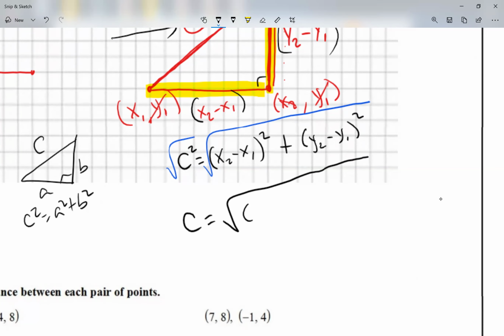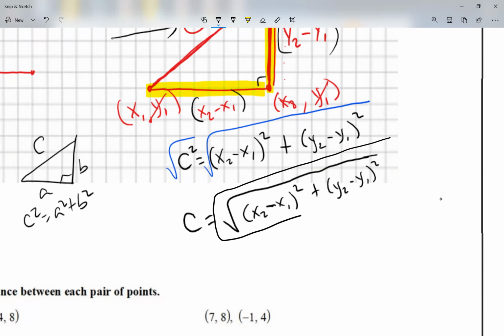Inside I have x2 minus x1 all squared, so basically, what's the difference between the x's, plus y2 minus y1 all squared. What's the difference between the y's? This, ladies and gentlemen, is the formula to find the distance between two points. We're going to call this the distance formula.